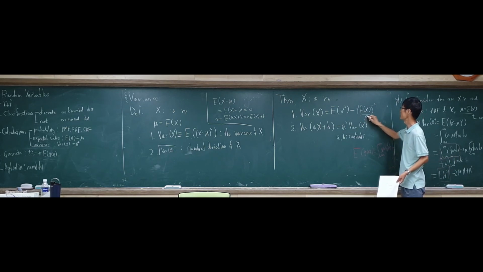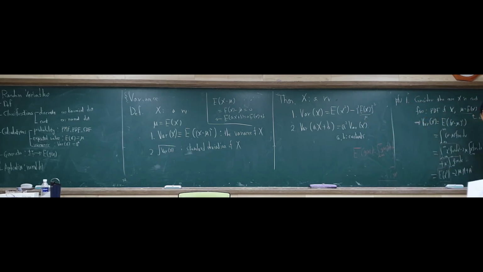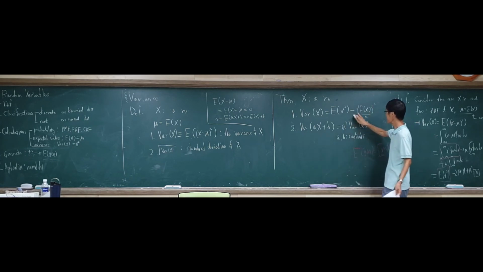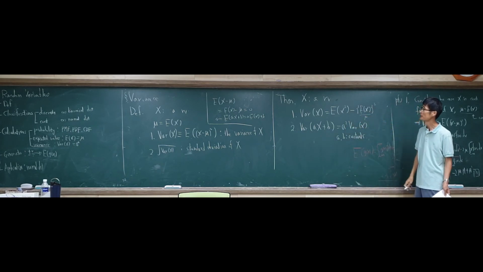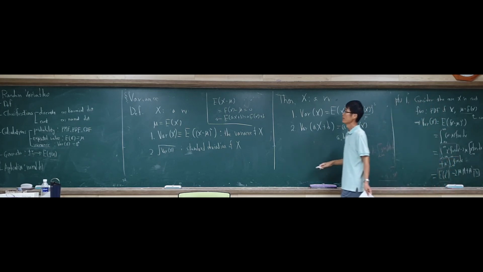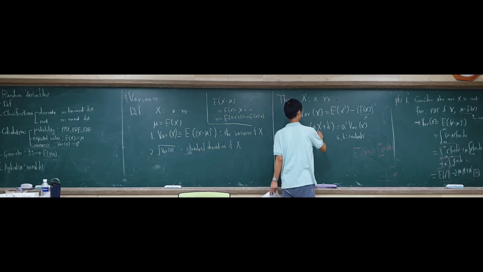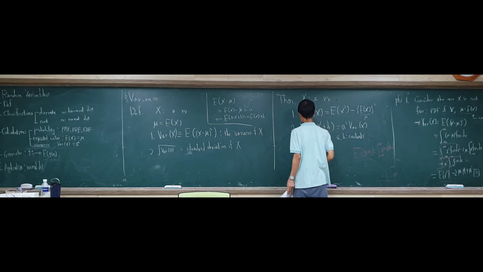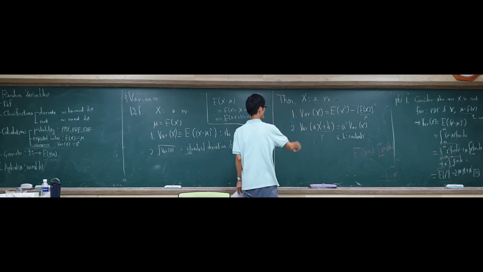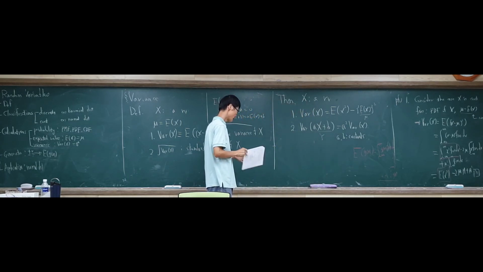Now this is equal to mu. Okay, so we have proved the variance of X is equal to the expected value of X squared minus the square of the expected value. The second one is also proved by using this formula and the definition of variance. It's better for you to replace aX plus b with Y, and then you can easily prove it. Okay.